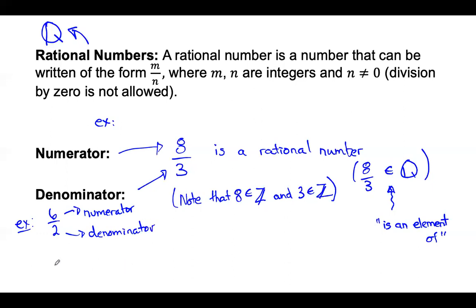So 6/2 is a rational number. Also, it's equal to 3, which is an integer.